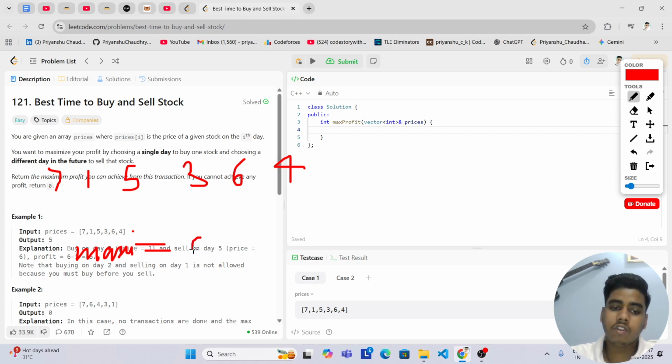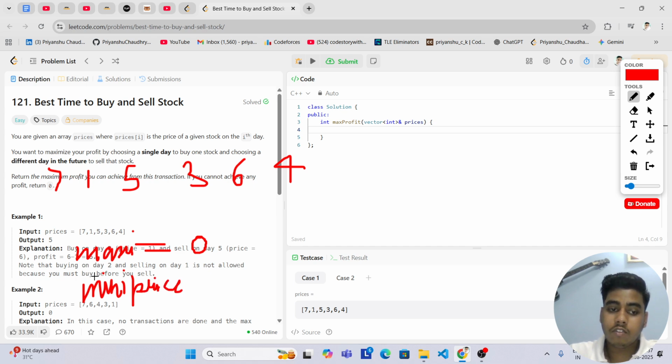I'm taking starting maximum profit as 0, because the minimum profit can be 0, because I buy on the same day and I sell on the same day, and in the question it is also given, if we cannot achieve any profit, we can return 0. We don't have to return the negative profit. Now starting from here, we will also keep the minimum price.